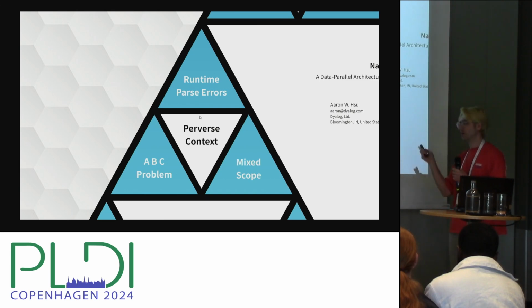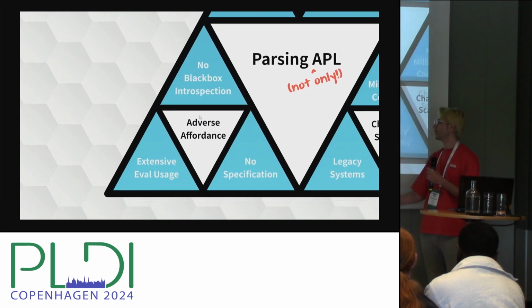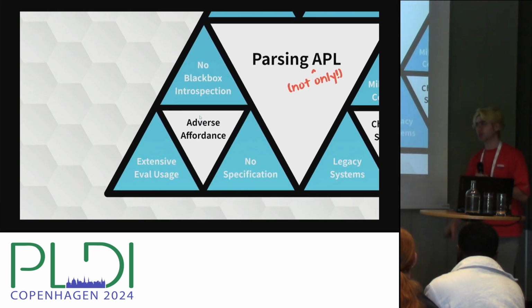There's the famous ABC problem: depending on whether A, B, and C are different variables, the parse trees that can be generated for the string A, B, C have a combinatorial explosion. There are like 10 of them. And then there's mixed scope, where dynamic and lexical scope interplay with each other. Then there are quite adverse affordances to parsing APL as well.